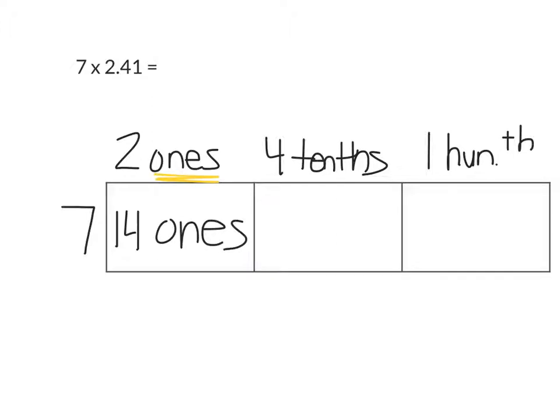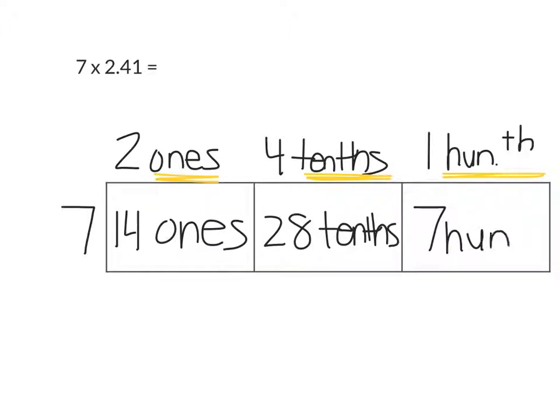And I know 7 times 4 is 28. So I'm going to write 28, and my unit here is tenths. So I'm going to write tenths along with my 28. And 7 times 1 is 7. My unit is going to be hundredths, so I'm going to write hundredths next to the 7.